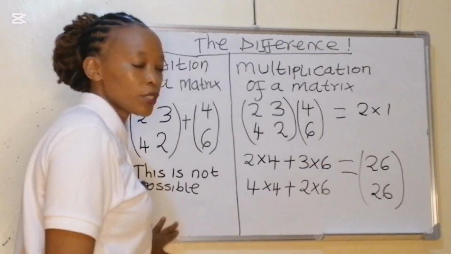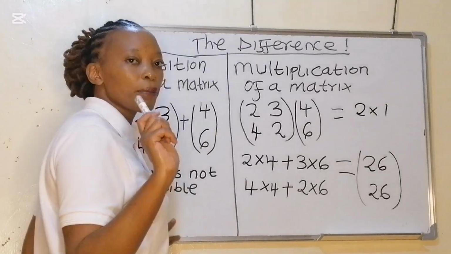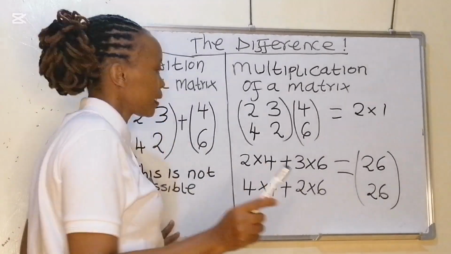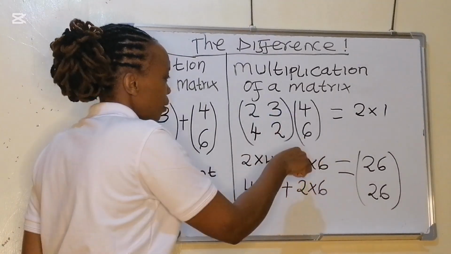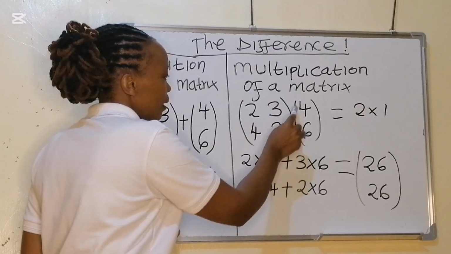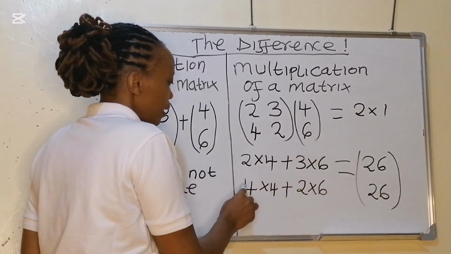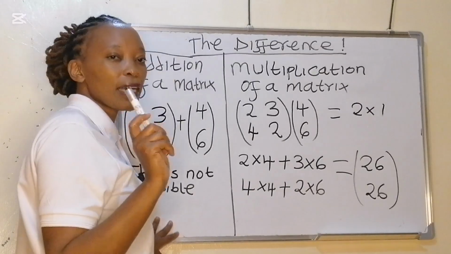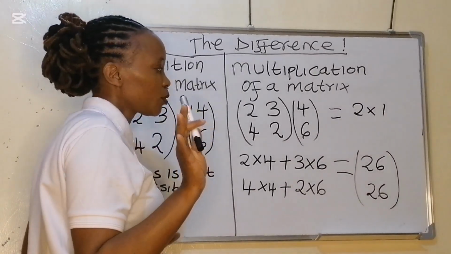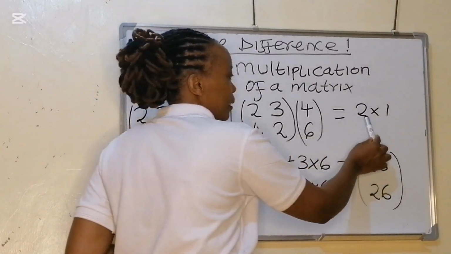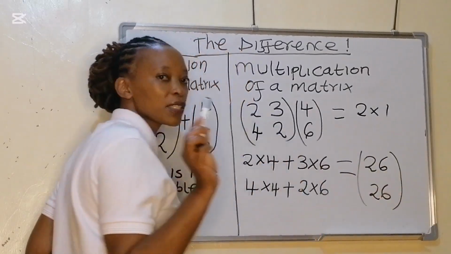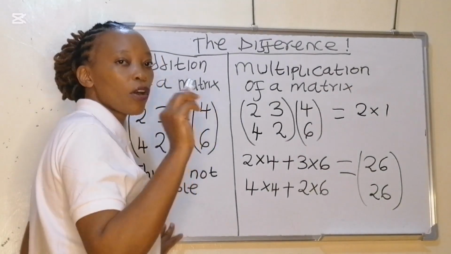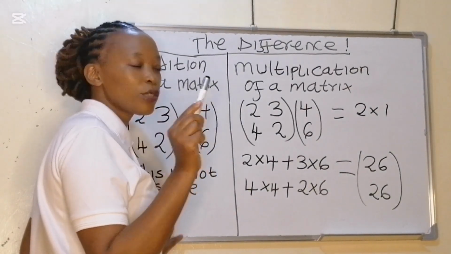I hope you have understood. When we are doing a multiplication of a matrix, it is row by column. This row, then you times by column, row, then column. And the one that is giving us direction, I told you our matrix must be 2 by 1. I have already explained why. You already know the result you are going to get.